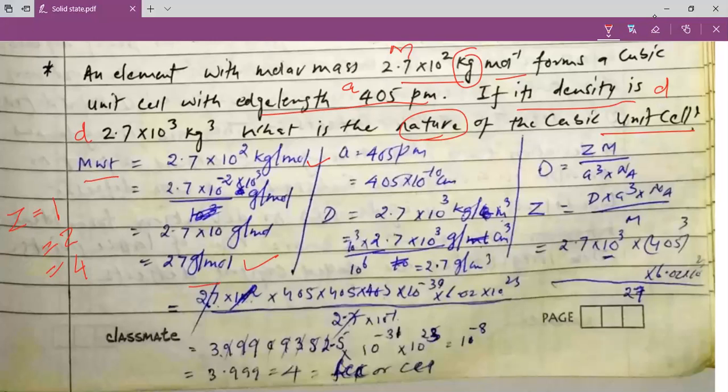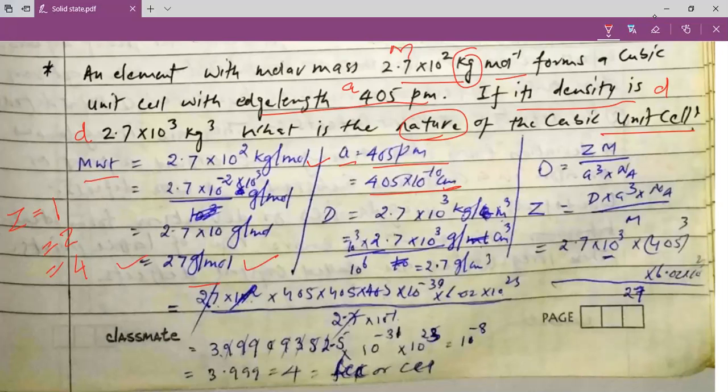Then my dear students, the edge length is given as 405 picometer, and the density is given in kg per meter cube. Here we have the molecular weight in gram per mole, so let us convert the length into centimeter: 405 into 10 to the power minus 10 centimeter cube.